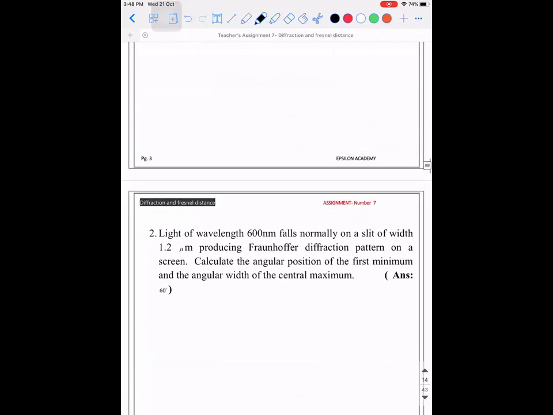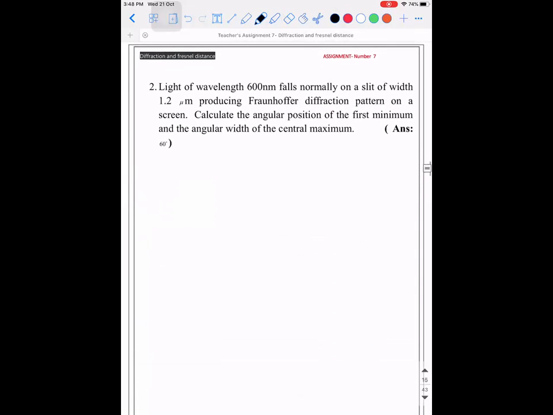Okay. Next. Light of wavelength 600 nanometers falls normally on a slit of width 1.2 micrometer, producing a Fraunhofer diffraction pattern on a screen. Calculate the angular position of the first minimum and the angular width of the central maximum. So how to solve this? What is given in the question?